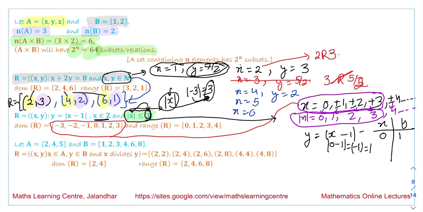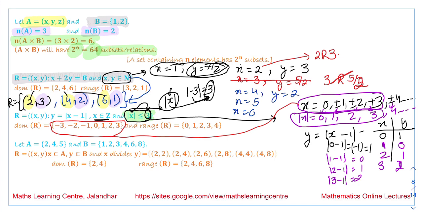Next, when you put x is equal to 1, you will get 1 minus 1, that is equal to 0. When you put x is equal to 2, you will get the answer 1. When you put x is equal to 3, the answer you will get is 2.